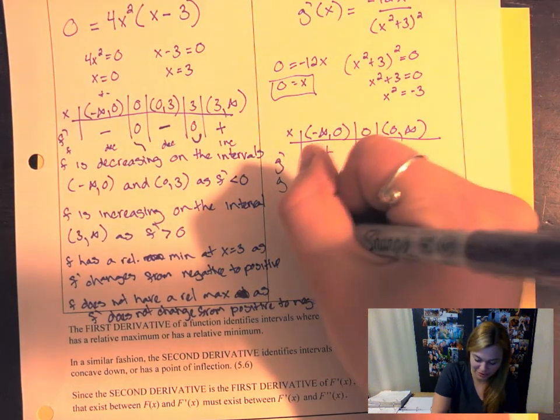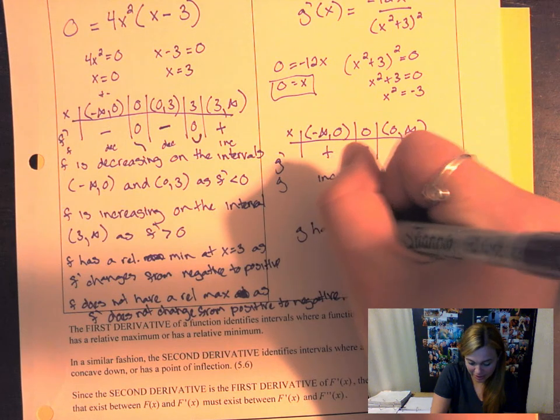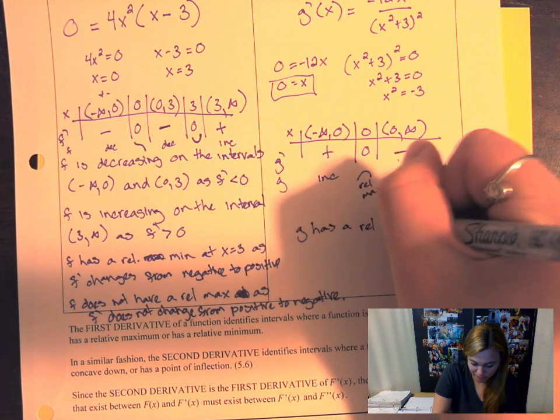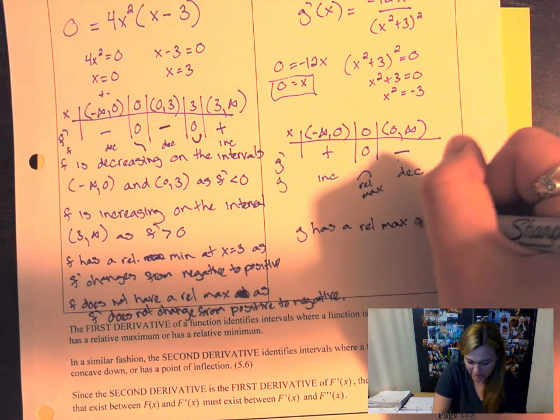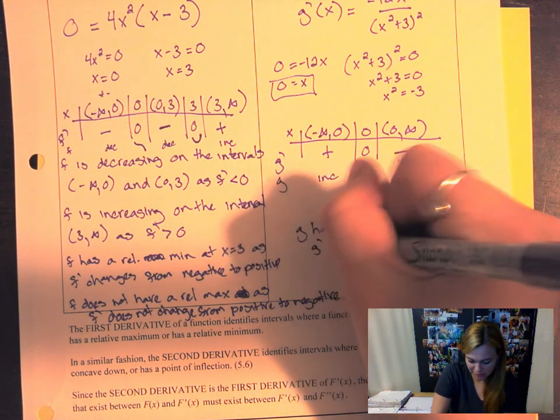And because this is old stuff, I feel like I should do this real fast and be a good example. g has a relative max at x equals 0 as g prime changes from positive to negative.